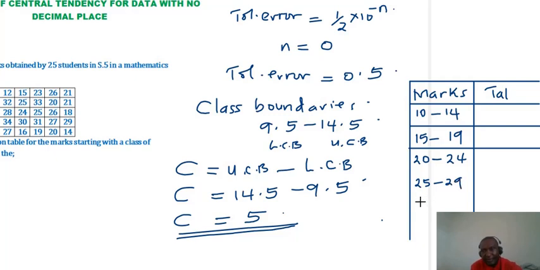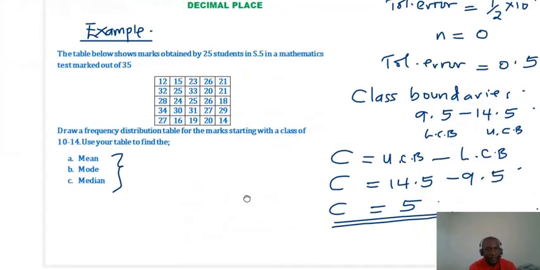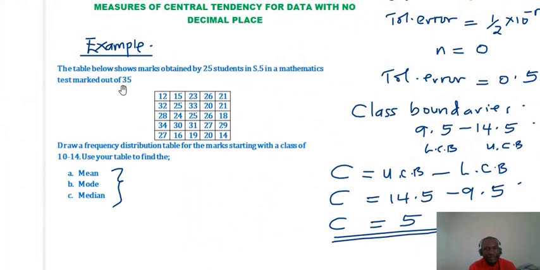Plus 5, this is going to be 30 to 34. Now we go back to our table and we check on the raw data that has been given to us. You can see that there is no value which goes beyond 34. In fact, the maximum value should be 35 because this test was marked out of 35.